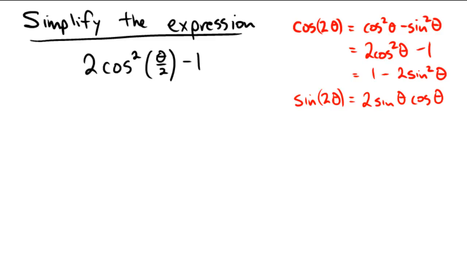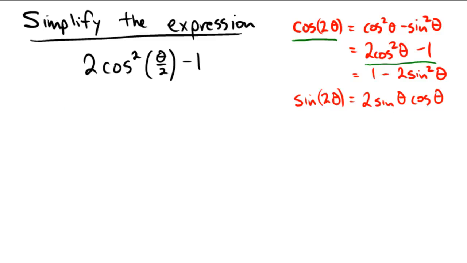Okay, so now looking at what we have, it falls into the form of this one right here, 2 cosine squared of something minus 1. So according to the double angle formula, that becomes the cosine of 2 times the angle.